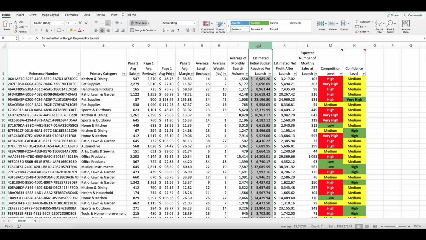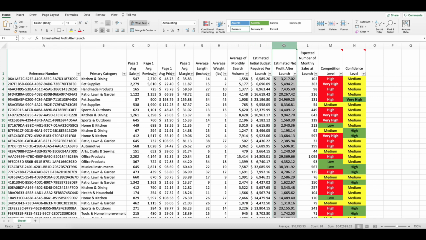Here I'm looking at multiple keywords and how much it costs with each of those combinations of keywords to launch that particular product, based on how many it sells per month on average, the landing cost of it, fees associated with it, etc. I'm looking at multiple variations and combinations of that and coming up with an average. So it is estimated, but it just gives you a ballpark of how much money you're going to need to actually launch this product.